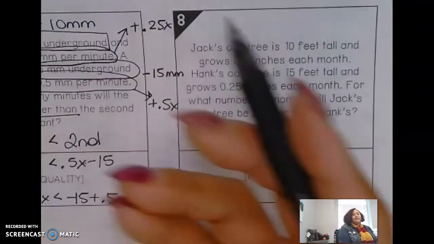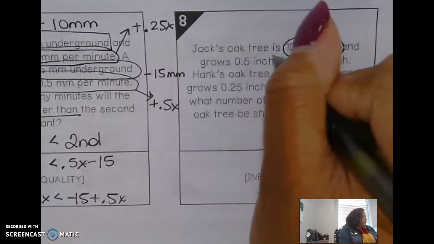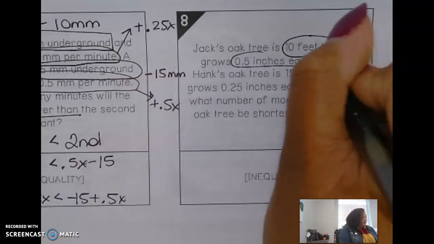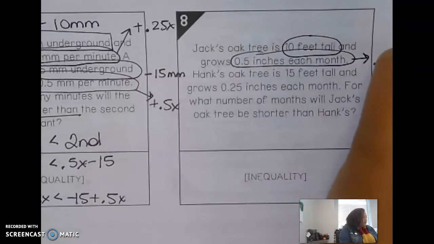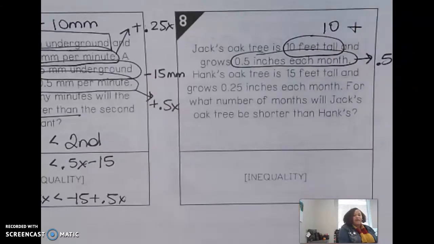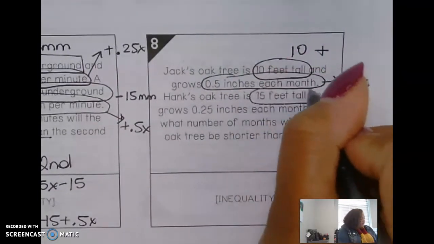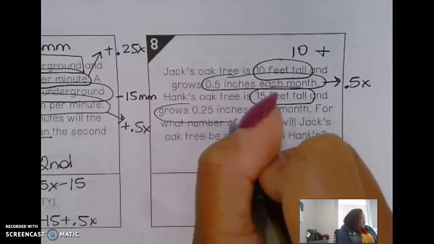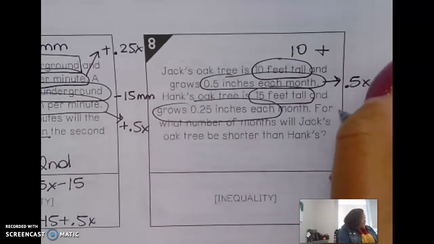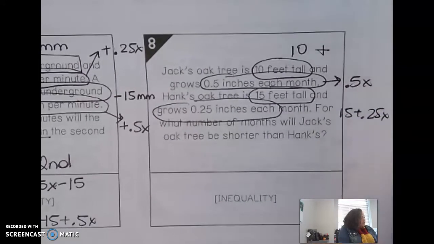Jack's oak tree is 10 feet tall, so that's where his oak tree is starting, and it grows 1/2 inch each month. That's my rate. 0.5x, 10. Grows means I'm adding. Hank's oak tree is 15 feet tall, and it grows, so I'm adding 1/4 each month. So 15 plus 1/4 x.